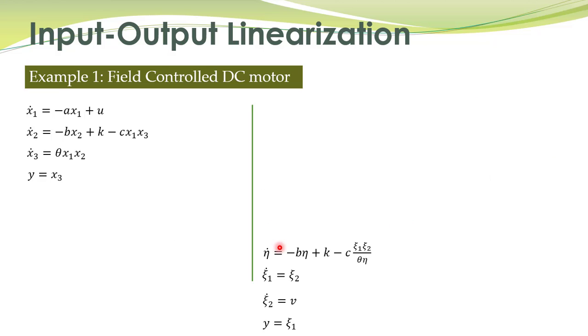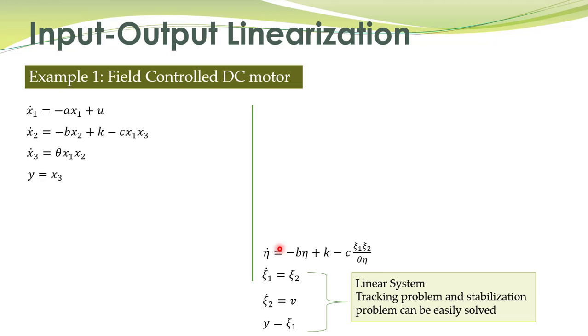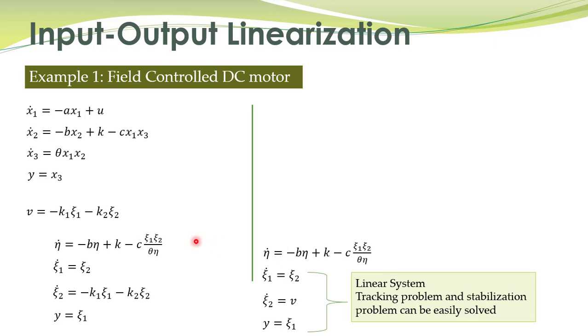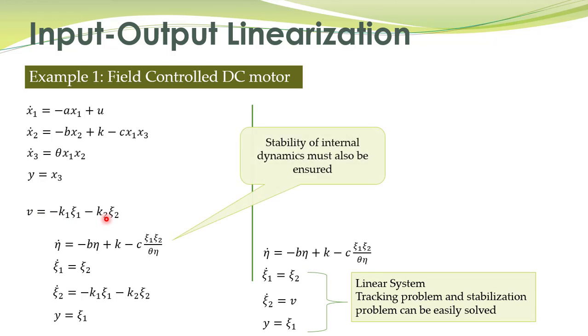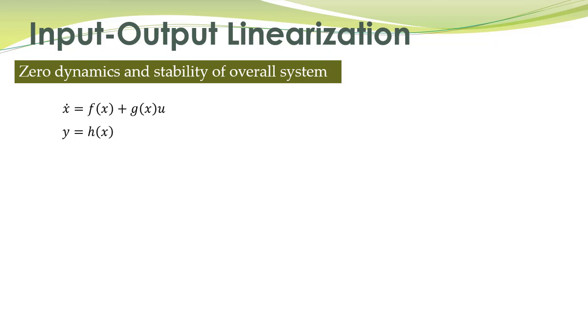So you have this linear, input output linearized system, and the tracking problem can be solved for this linear system. A simple control is state feedback control if you only want to solve the stabilization problem. However, you have to ensure the stability of internal dynamics as well.